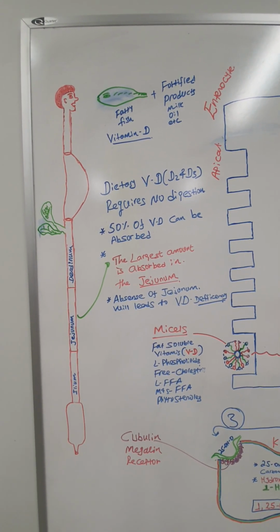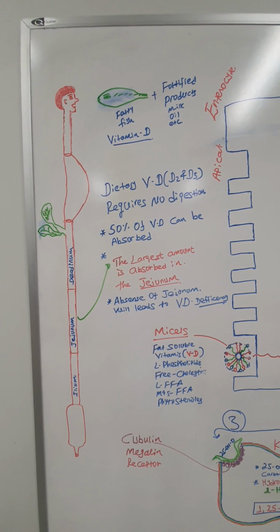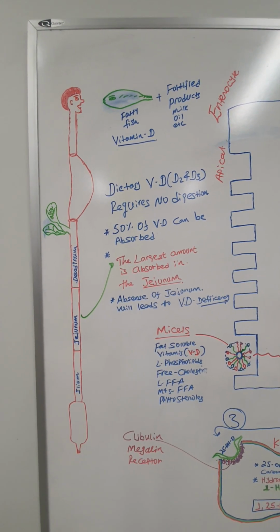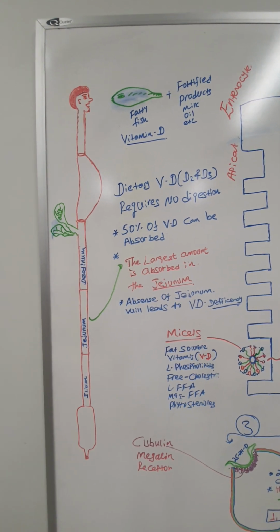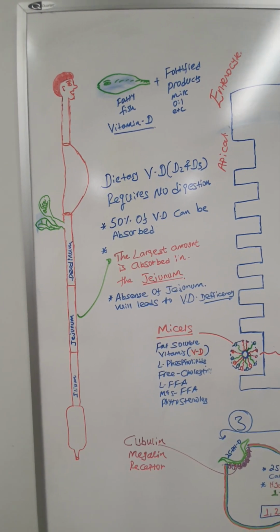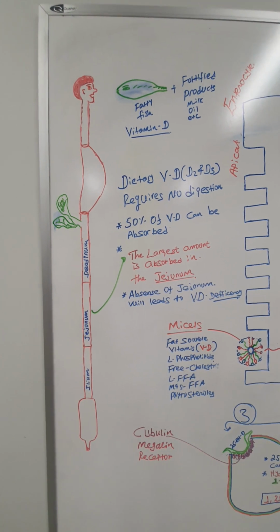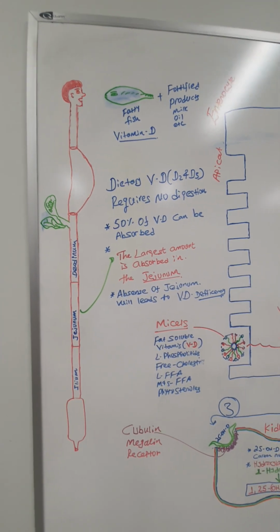Especially children's milk formulas are also fortified with vitamin D. So vitamin D is a very important nutrient. The main sources are fatty fish and fortified products.